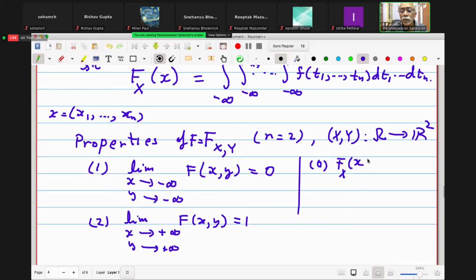F_X(x0) is less than or equal to F_X(x1) if x0 is less than or equal to x1.